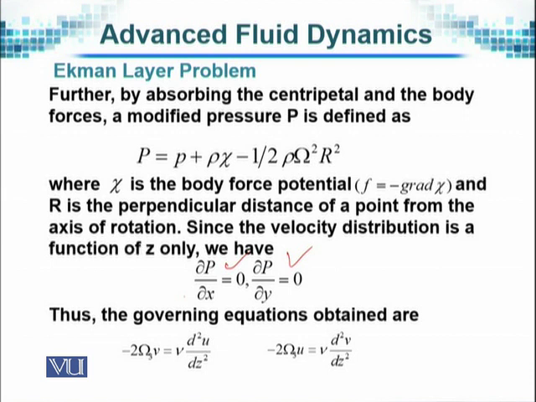The governing equations from the momentum components of the Navier-Stokes equation, with these assumptions that we have taken, will reduce to: minus 2 omega 3 times v, the velocity component v, is equal to nu times d2u by dz2. Here nu is the kinematic viscosity, which is equal to mu over rho.